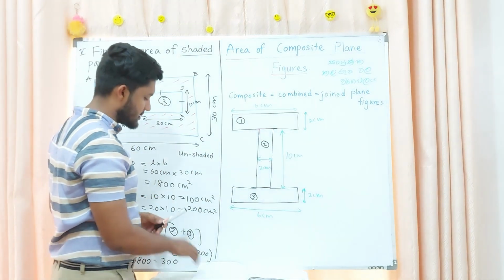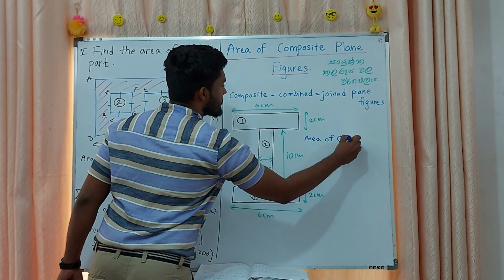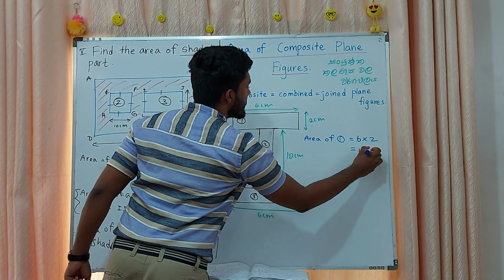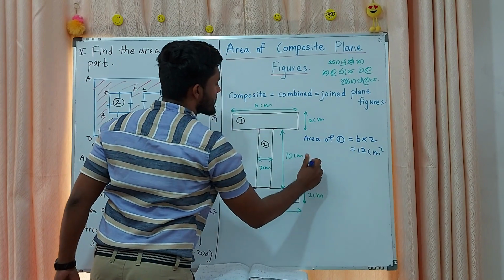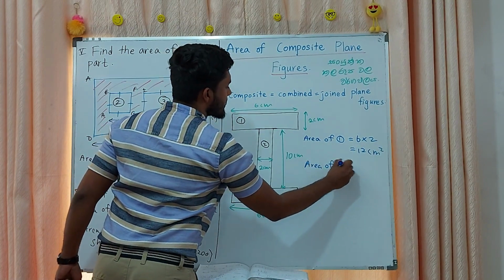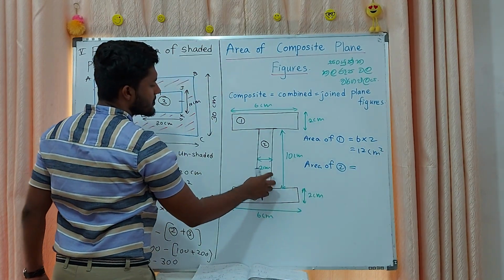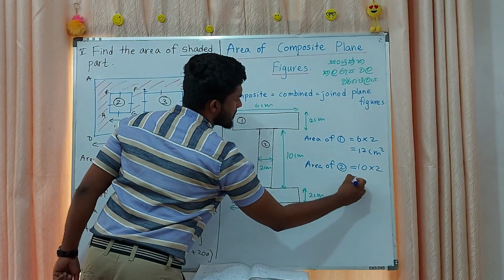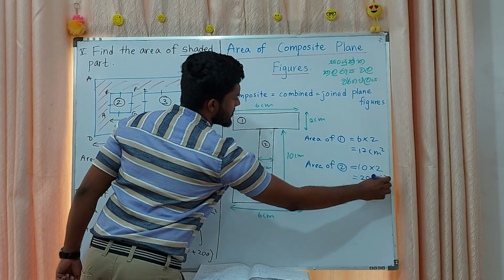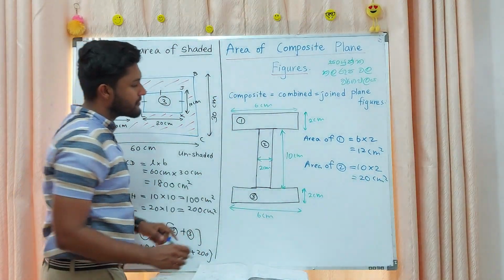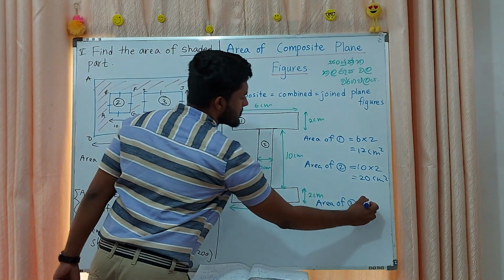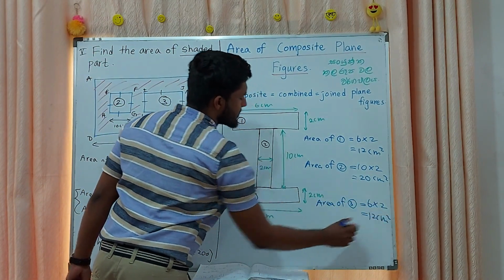Then here area of the first figure, 6 into 2, 12 centimeters squared. Then area of the second figure, 10 into, what is the breadth? 10 into 2, that means 20 centimeters squared. Area of the third figure, how can we get? 6 into 2, that is also 12 centimeters squared.